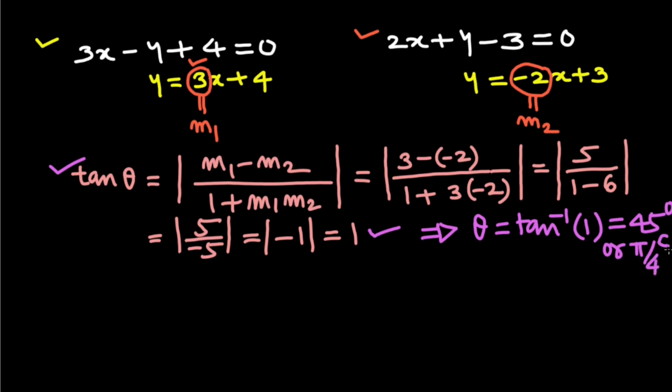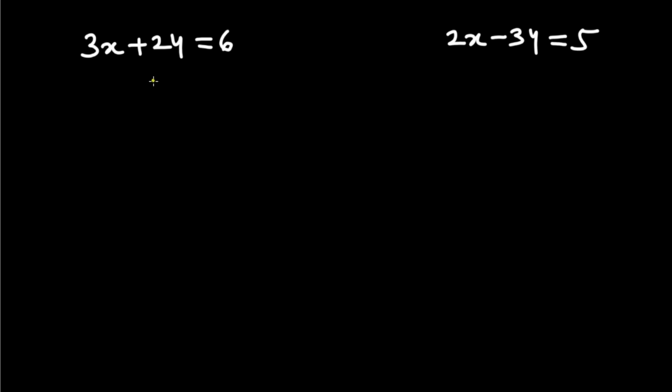Let us find the acute angle between the lines 3x plus 2y equals 6 and 2x minus 3y equals 5. The first line can be written as 2y equals minus 3x plus 6, y equals minus 3 by 2 x plus 6 by 2.